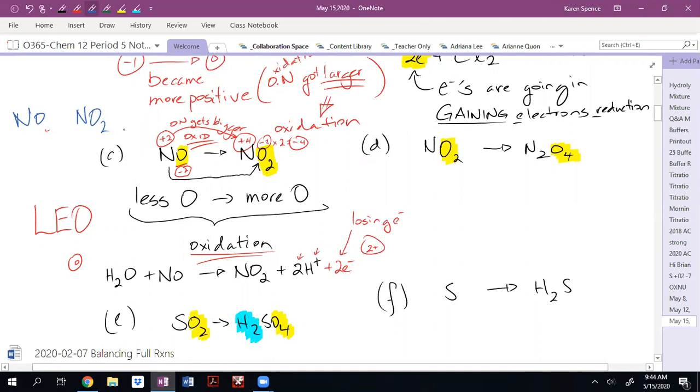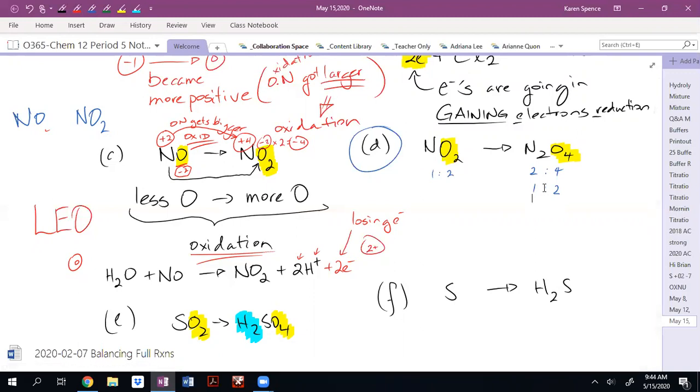Yeah, so the ratio is different between N and O. However, in part D, we have 2 oxygens for every 1 nitrogen. That's a 2 to 1 ratio. And over here, we have a 4 to 2 ratio, which is a 2 to 1 ratio.